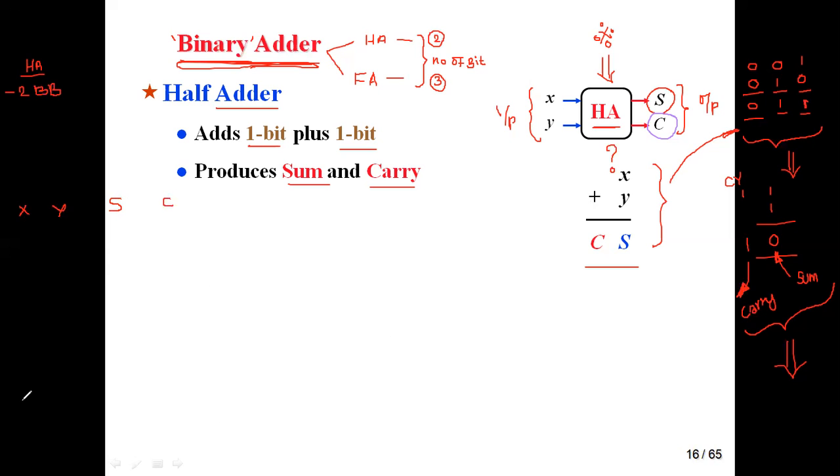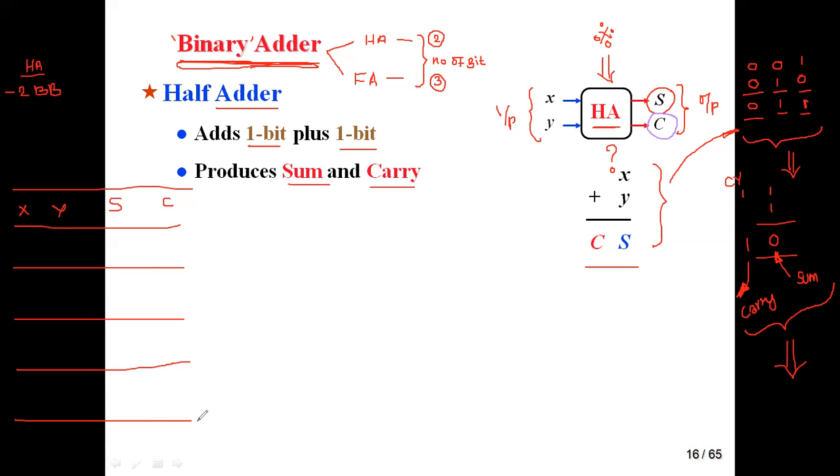Please listen carefully, because this is the fundamental combinational circuit design for arithmetic operation. So I'm going to add two binary bits. For that, the first step is we have to draw the logic table or a truth table.